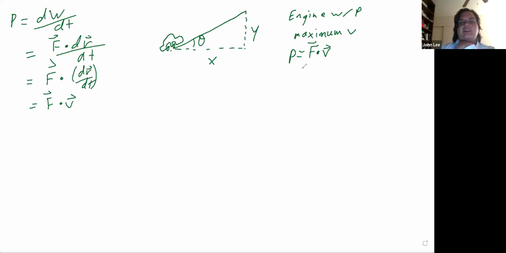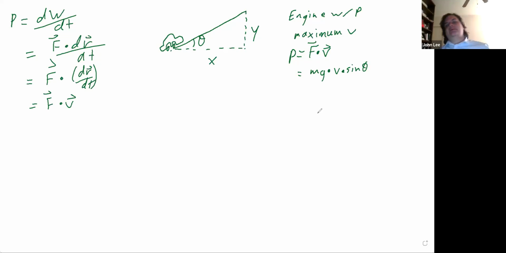So the power that's going to be fighting gravity is equal to the force mg times the magnitude of velocity times sine theta, because that's how much the velocity vector overlaps with the y-axis.